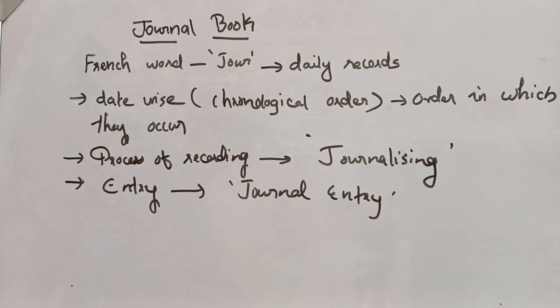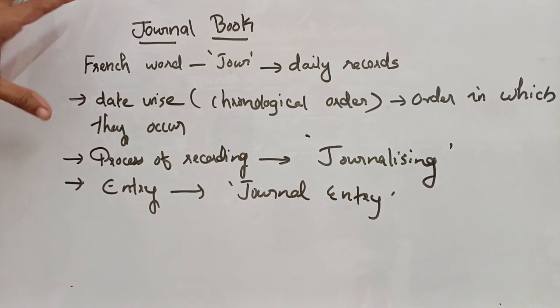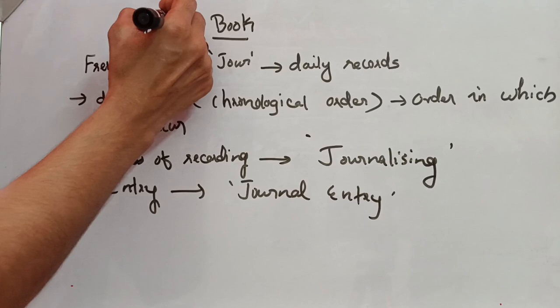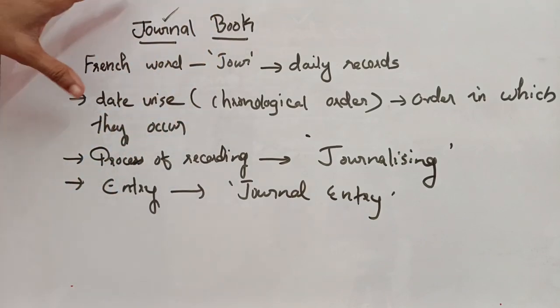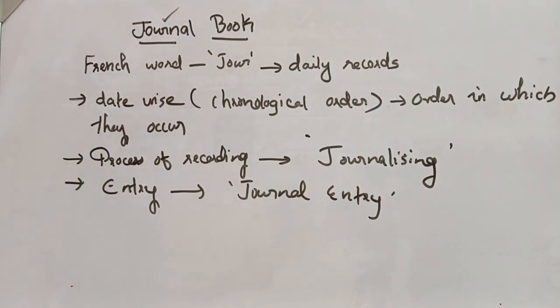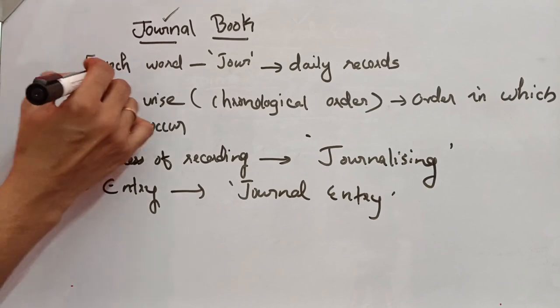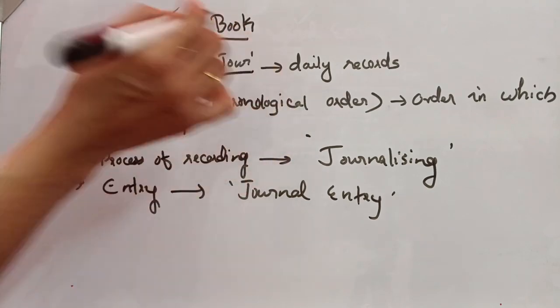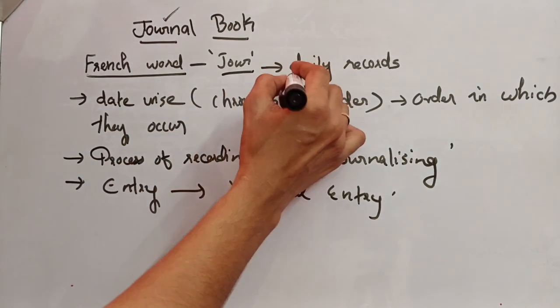Now let's discuss in detail what a journal book is. A journal book is a book of original entry. Before posting transactions to ledgers, we make the prime entry in the book of original entry called the journal book. The word journal has been derived from the French word jour, which means daily records.